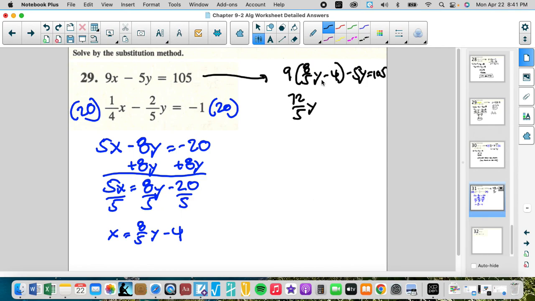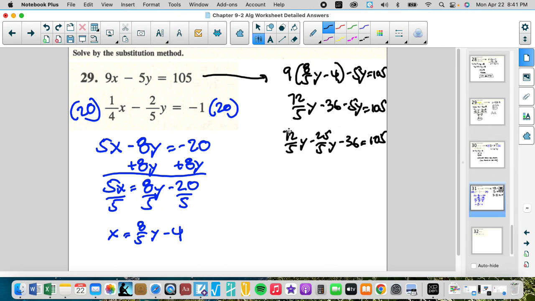I don't think so. Minus 36 minus 5y equals 105. Stick with it. 72/5 y. We're going to change that to fifths. That's negative 25/5 y minus 36 equals 105.